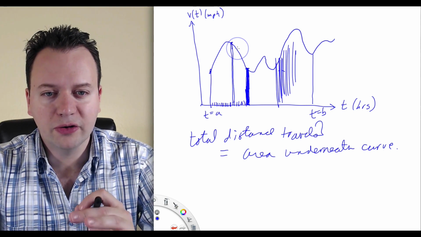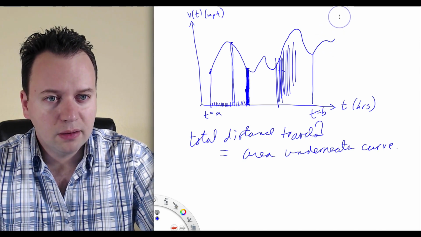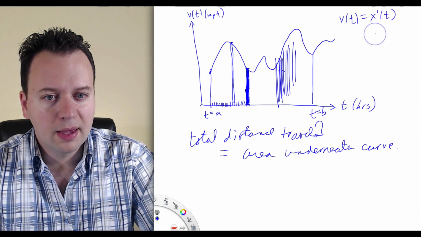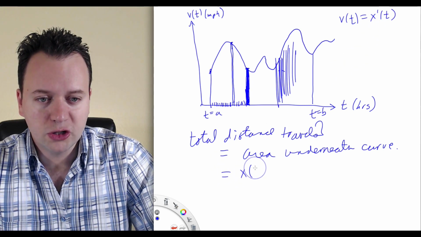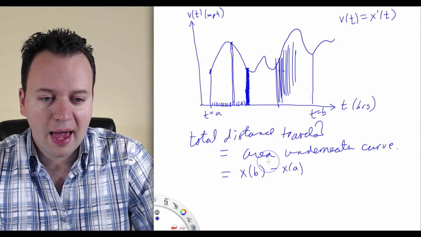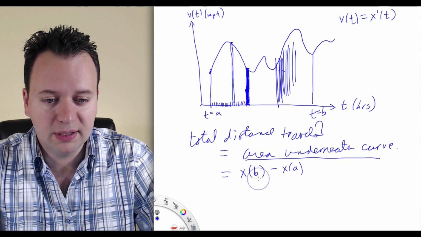But there's another observation, and that is that, well, we said that v of t is just the derivative of the position. Now, the total distance is going to be your position at time b minus your position at time a. So the area underneath the curve is equal to the total change in the position.